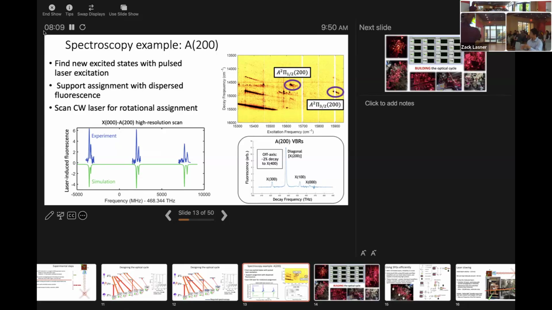And by looking at the patterns of the decays and also what is a reasonable excitation energy, you can figure out what the identity of these clusters of fluorescence are. And then you can support the assignment by doing CW laser excitation somewhere around this and start seeing lines and look at rotational spacings. And if those are all right, then you must have the right state.